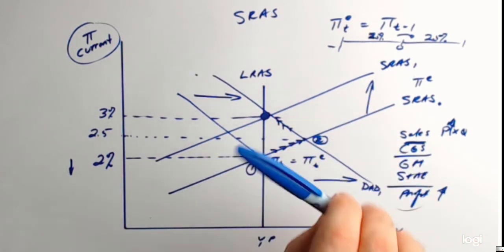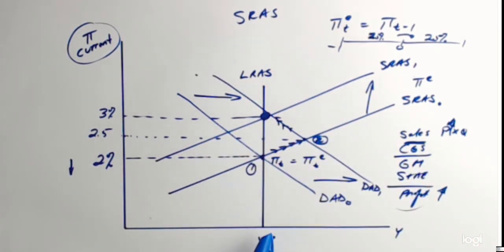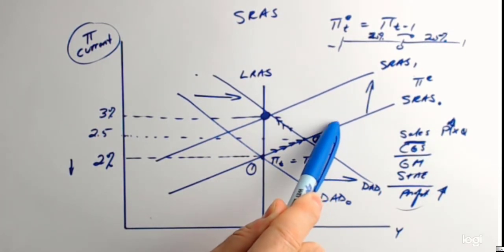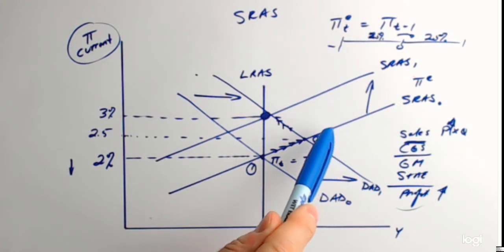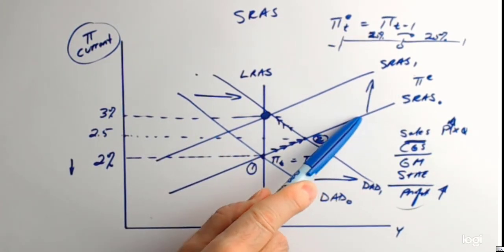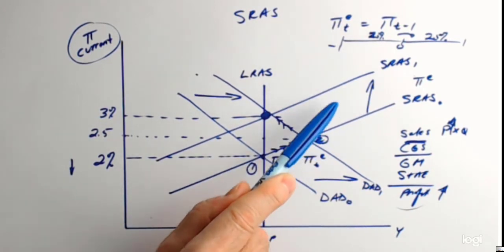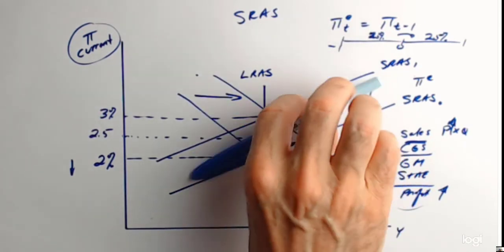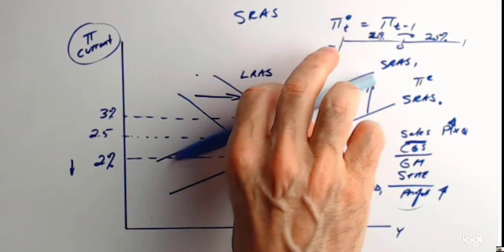Now, the trick is that what drives this potential drives this short-run aggregate supply curve, but what drives the short-run aggregate supply curve doesn't necessarily drive the potential. It doesn't work the other way around. And a good example of that is this expectations shift. If expectations shift, you just go up to a new short-run aggregate supply curve.